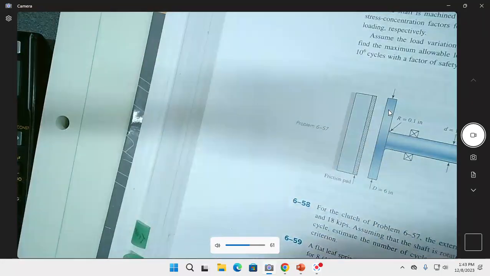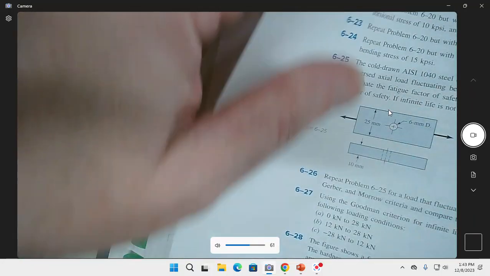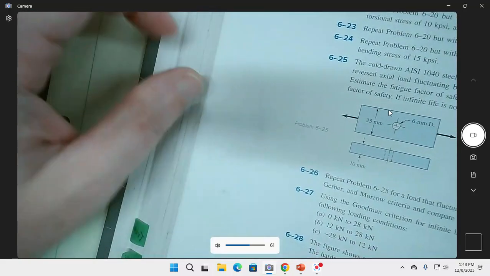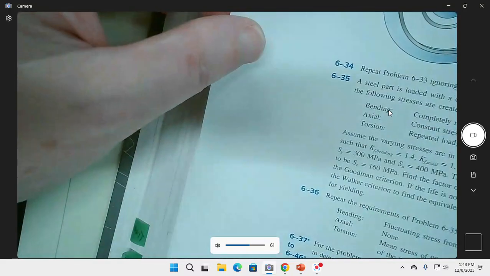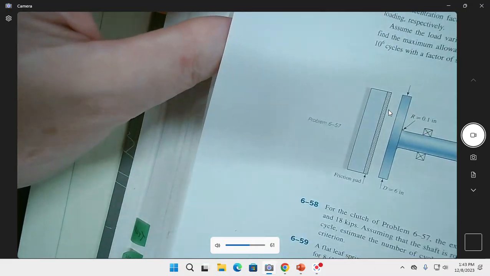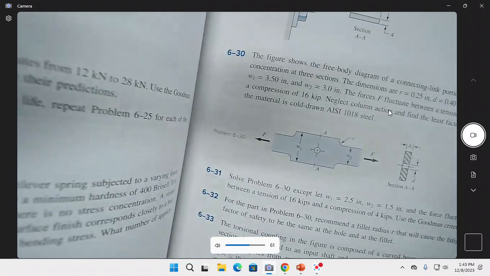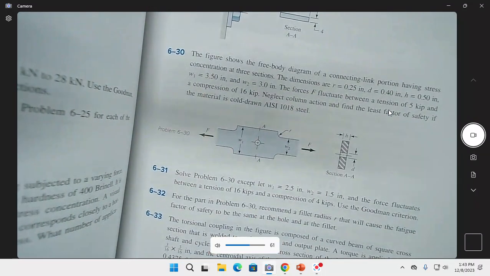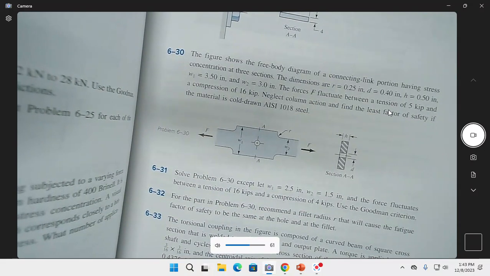Okay, so we're in here. It seems like there should be some more like that. I guess we'll just do one of these. Let's do this problem right here. Problem 630.